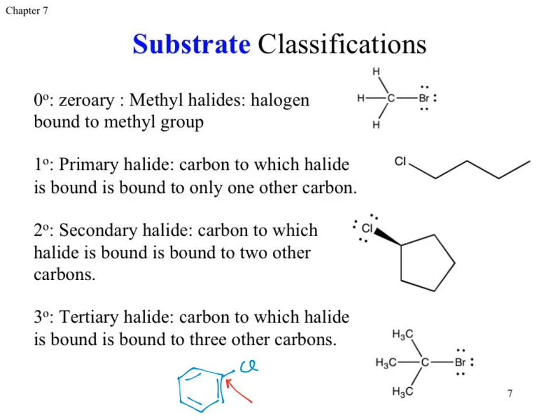So we could say that carbon has two carbons bound to it, so it's secondary, except the secondary classification only works if they're all single bonds. Are they all single bonds around that carbon? Nope, there's a pi bond.